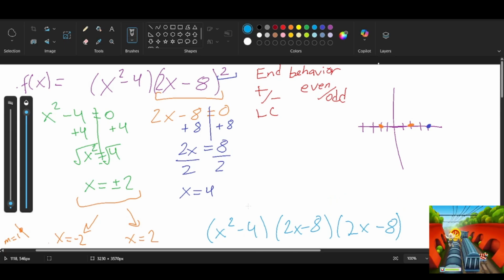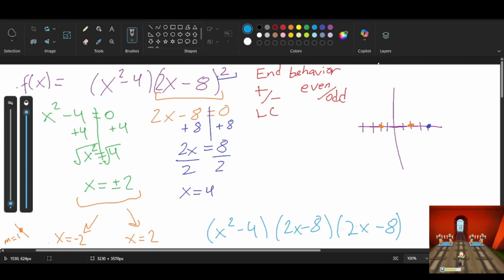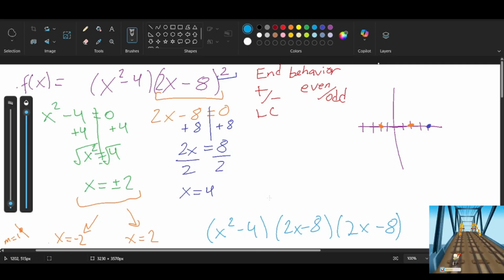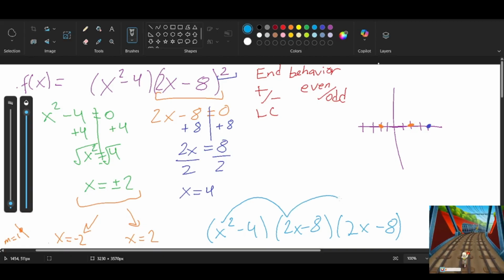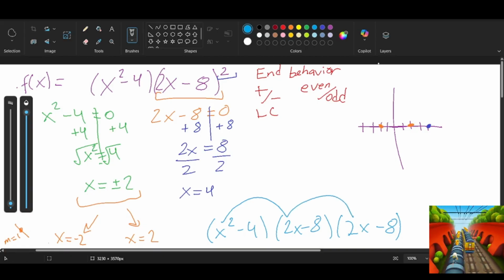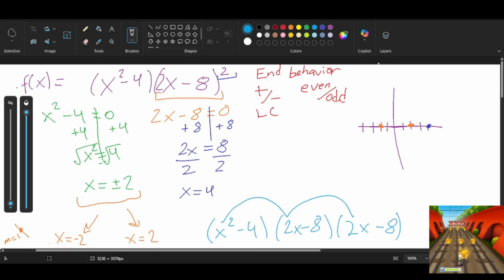When I'm thinking of all of these being multiplied out and I'm looking for my highest exponent, I know that's going to be x squared times this 2x times this other 2x. There's no other multiplication that's going to get me a higher exponent than that if I multiply my highest exponent of each factor together, if that makes sense.